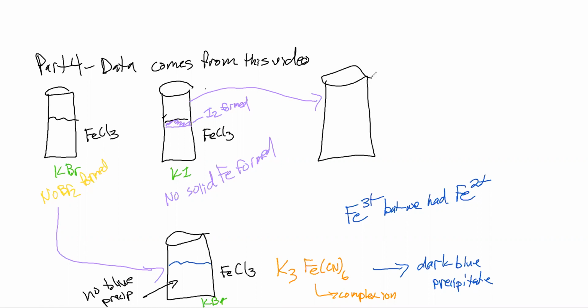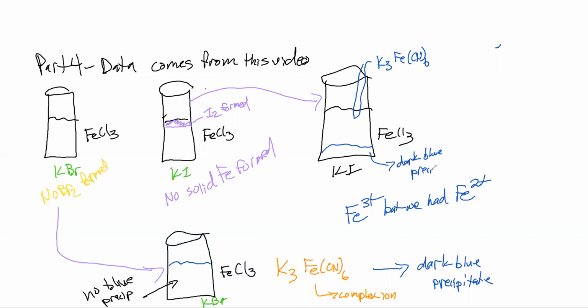But when we do that same test with our iodine, so our KI and our FeCl3, when we add in that K3Fe(CN)6, what we're going to see down at the bottom is a dark blue precipitate form.